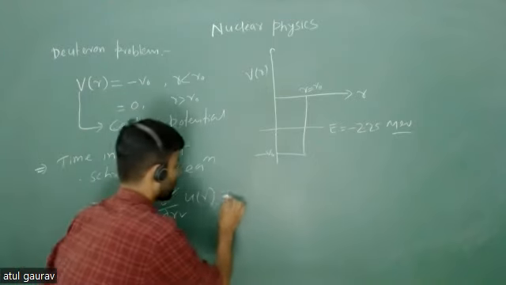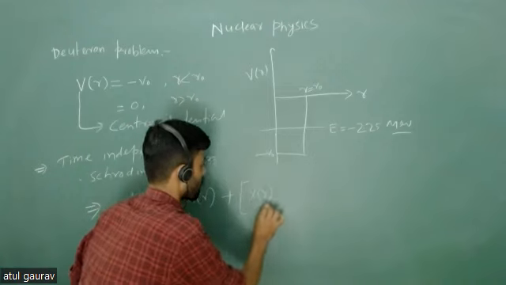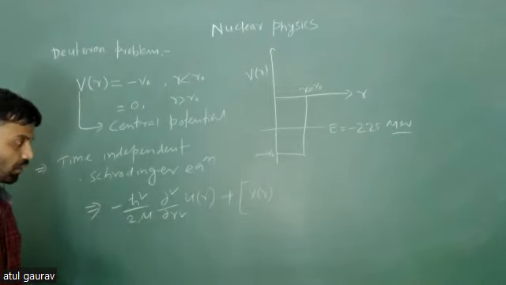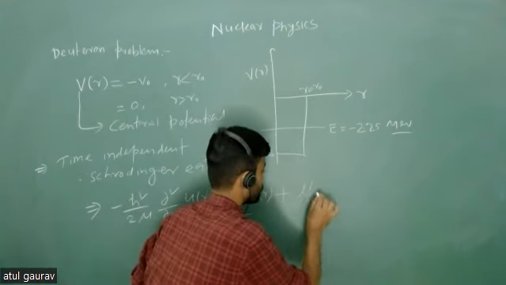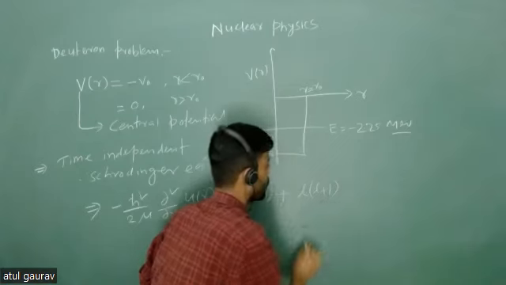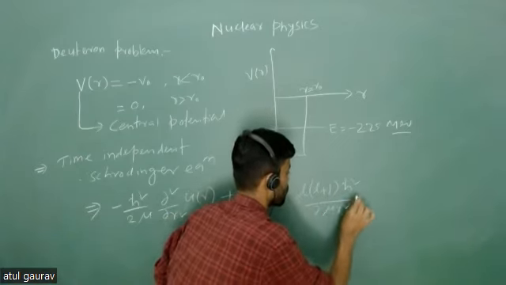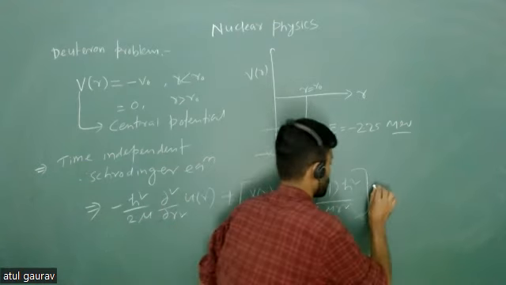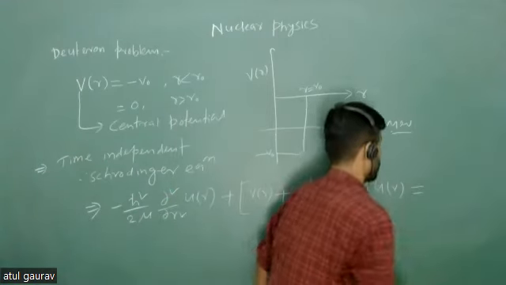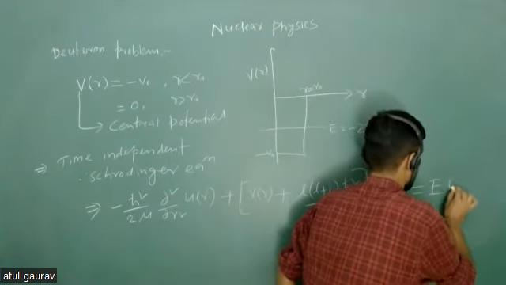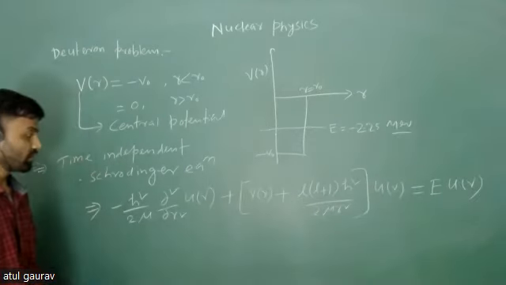This is your kinetic term. Then you will have the potential term V of r, and of course there will be a centrifugal term because this is a central potential. So this will be l into l plus 1, h cross square by 2 mu r square, and then you will have u of r, and then E u of r. This is your time independent Schrodinger equation.